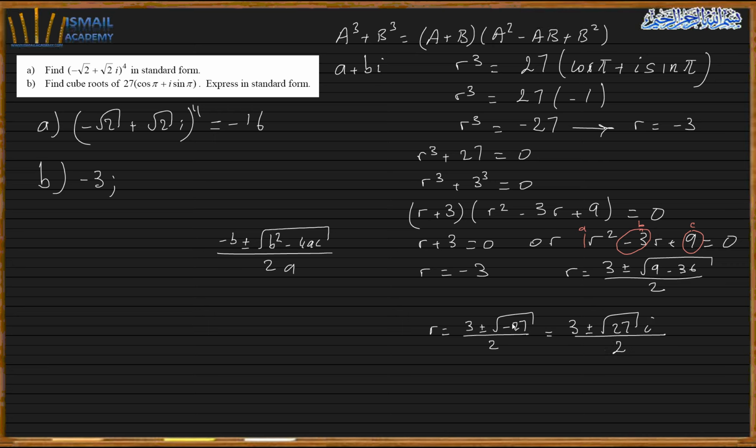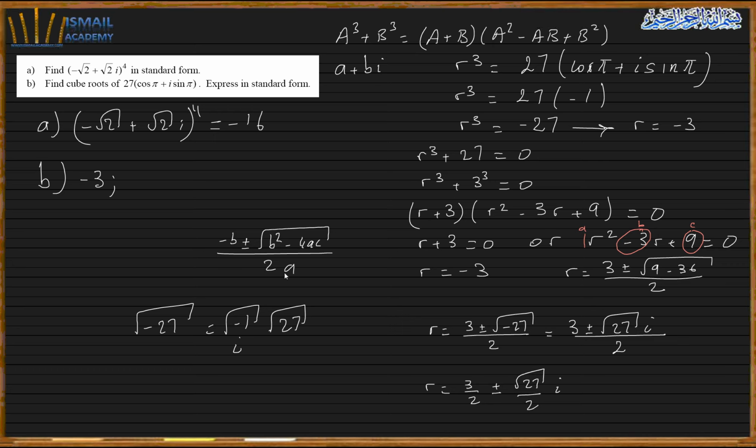Square root of minus 27 is the same thing as square root of minus 1 times square root of 27. So this is i. So we just substitute this here. Now to write it in standard form, I will have r equal 3 half plus or minus square root of 27 over 2 i.